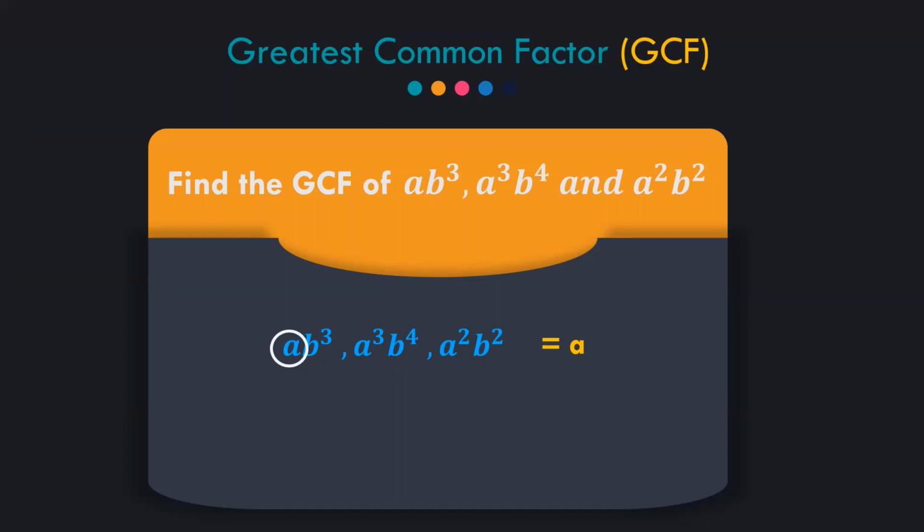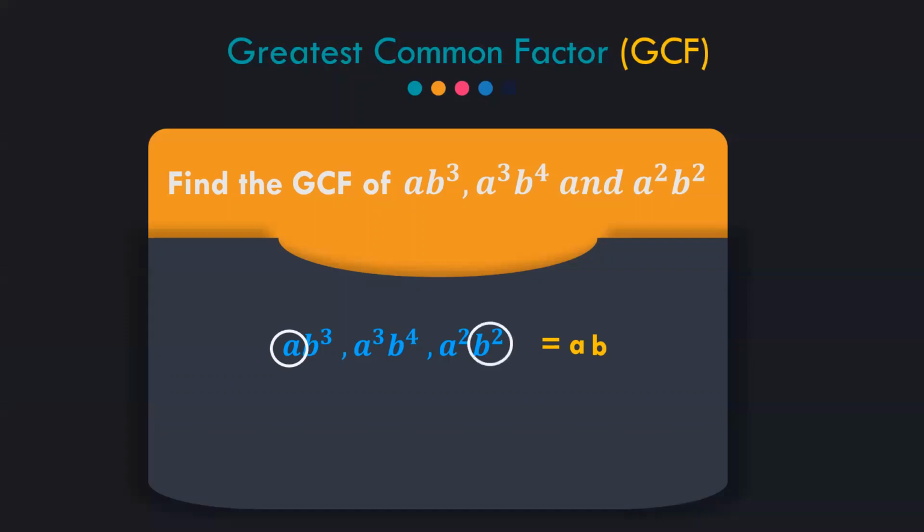Next, check naman natin yung second variable na nakikita natin which is b. So, lahat ba ng term ay may b? Yes. So, therefore, b is also a common factor. Now, let's identify kung ano yung pinakamababang degree for b.